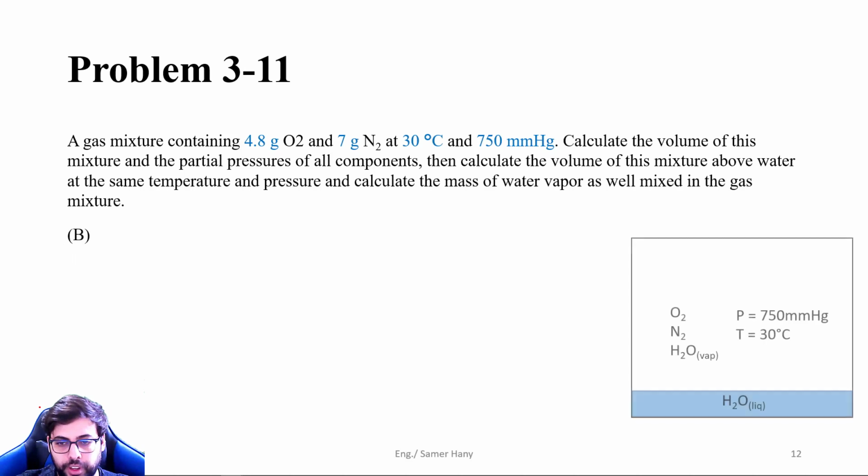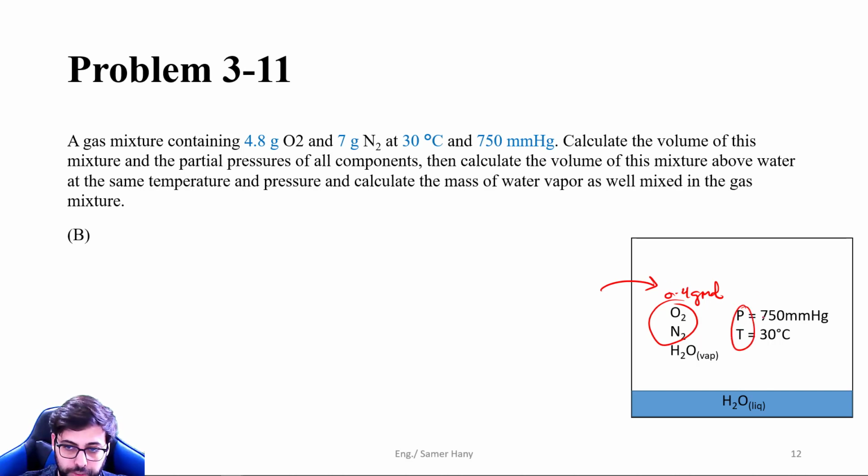For part B, we'll take the same amount, these are the 0.4 gram moles of the oxygen and nitrogen from part A, but we will introduce them into a new container that contains liquid water at the same temperature and pressure. Okay, but this total pressure refers to the entire mixture.